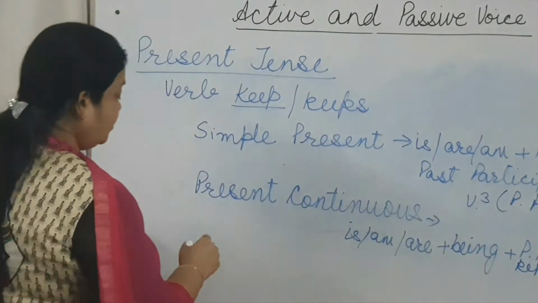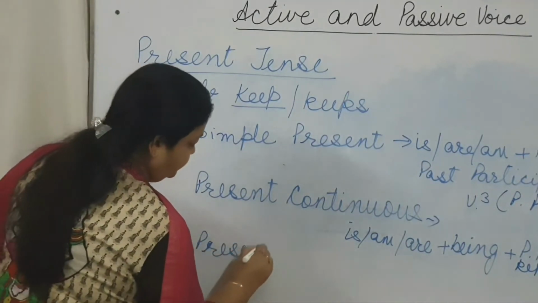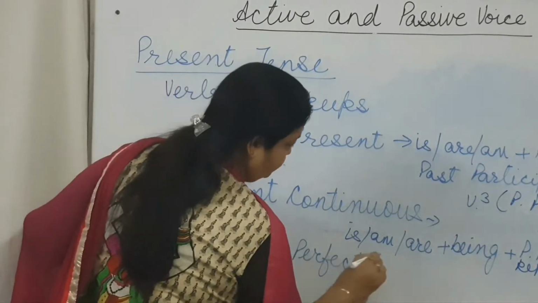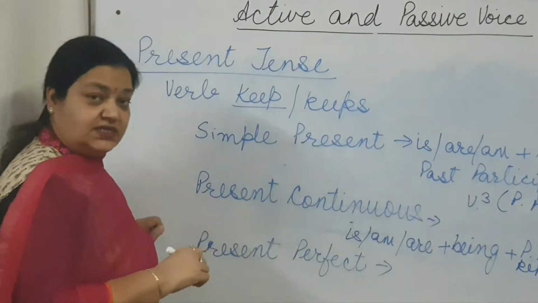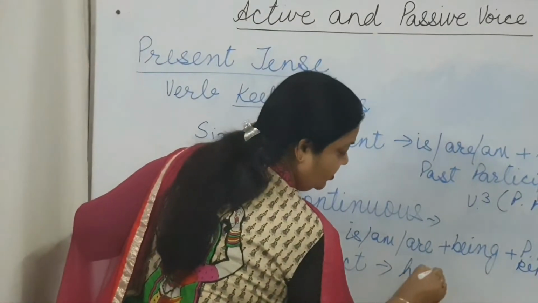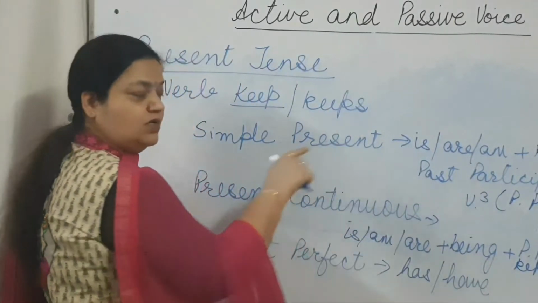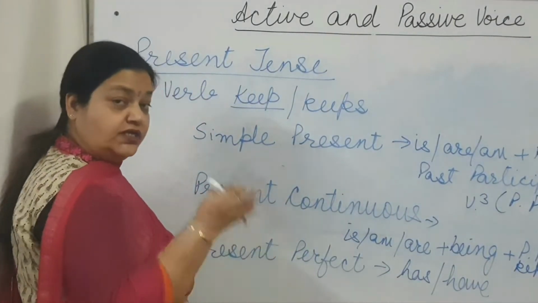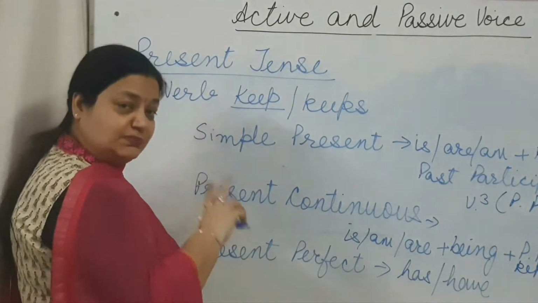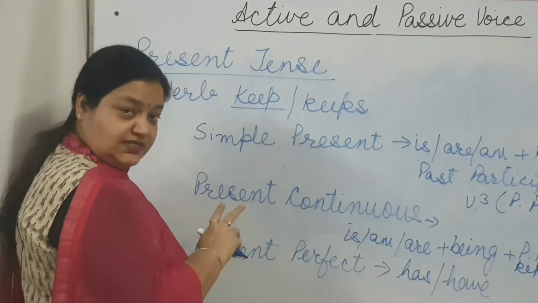Right? Now if it is present perfect tense, then is, am, are changes to has or have. Now you know these helping verbs will be changed according to the number of people in the subject, or number of nouns in the subject.